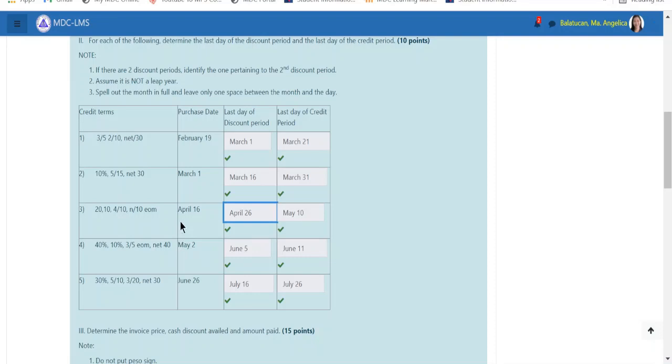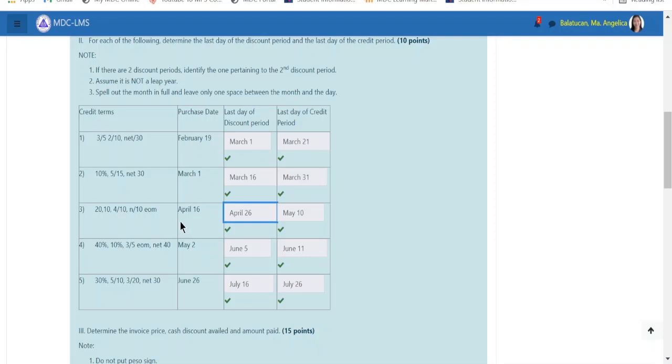Next, we have May 2 plus 40 days. Okay, so you have 2 plus 40, that's 42, minus 31 days in May, and the remaining number of days is 11, so that's June 11.